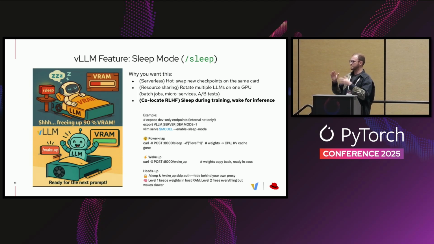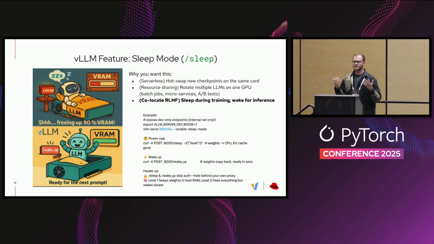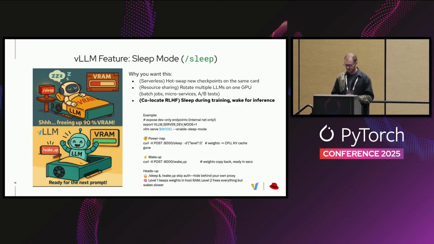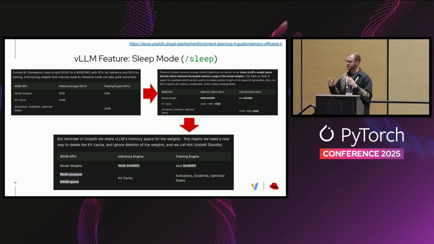We wake up vLLM, and we do the inference. So at least within a static, synchronous pipeline like we went through, we're not needing double the amount of GPUs and just having them waiting. We're able to just have them wait while we sleep and wake up the different weights and KV cache. And this is really helpful, particularly for resource-constrained environments.